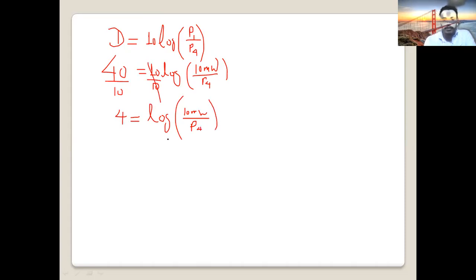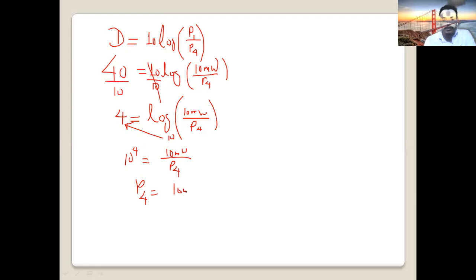Again, this is logarithm base 10, so 10 to the power of 4. Now the logarithm will be cancelled, so what remains is 10 milliwatt divided by P4. Now we can calculate P4. What's P4? P4 is 10 milliwatt divided by 10 to the power of 4.